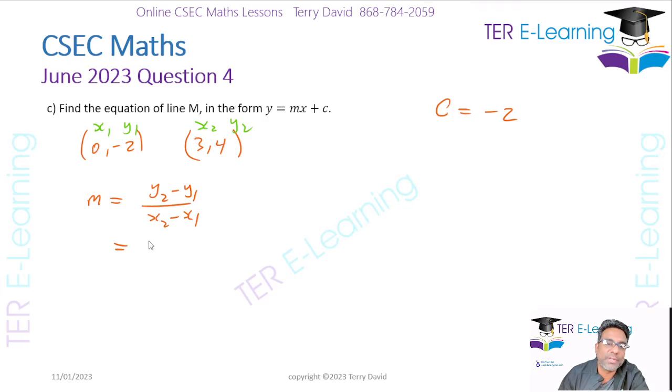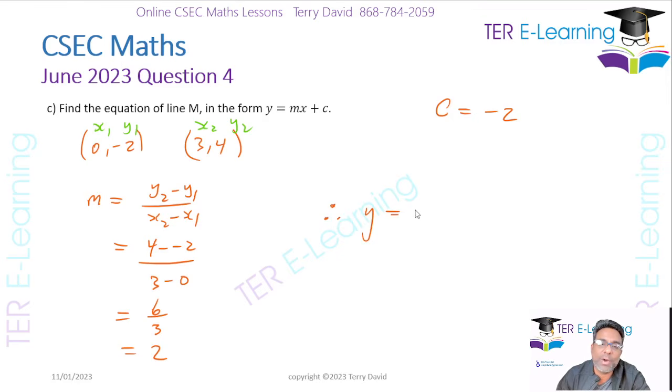In this case, it's going to be 4 minus minus 2 all over, sorry, it's x2, so it'll be 3 minus 0. So 4 minus minus 2 is going to give me 6. 6 over 3 is going to give me 2. So therefore, the equation of this line is going to be y is equal to 2x minus 2. That's the equation of the line M.